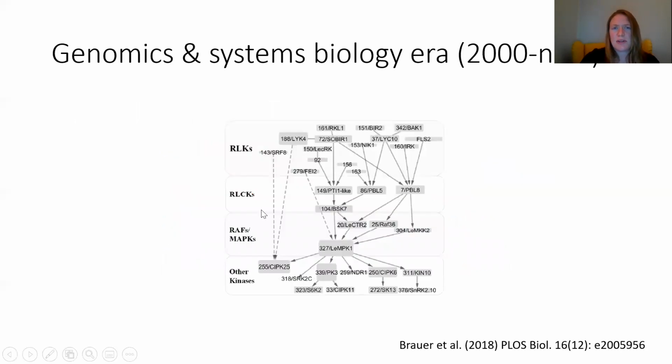So here's an example of systems biology. Systems biology is basically a way of looking at the emergent properties of a system by analyzing many different components within that system. So for example, instead of trying to look at one specific gene at a time, you may be looking at an entire gene family. In this case, we have protein kinases.